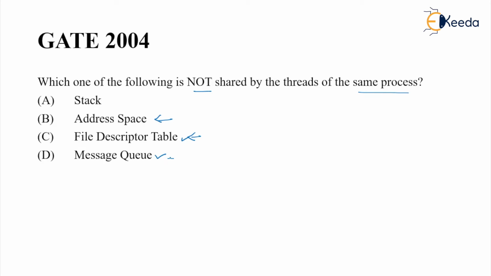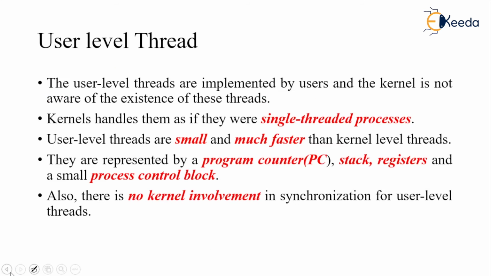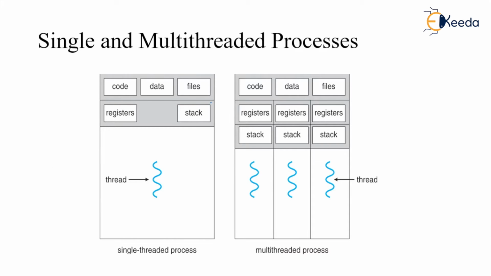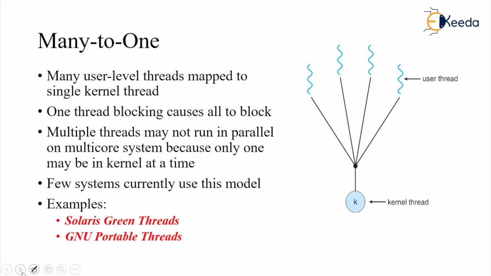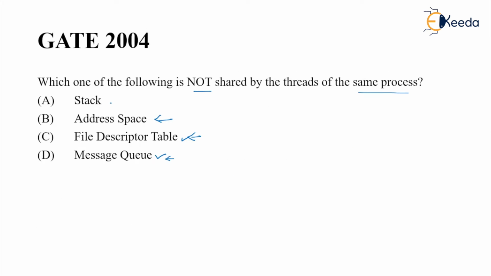Message queue I haven't told you, but I told you they have separate stack and register files, as you can see in this diagram, each thread has its own separate stack and register files. They don't share the stack because they are treated as lightweight processes. So this is not shared, and the answer is A.